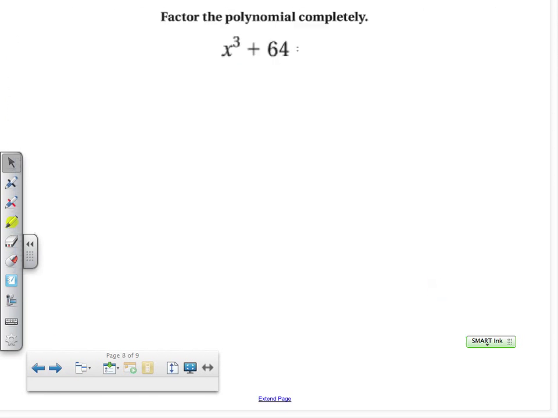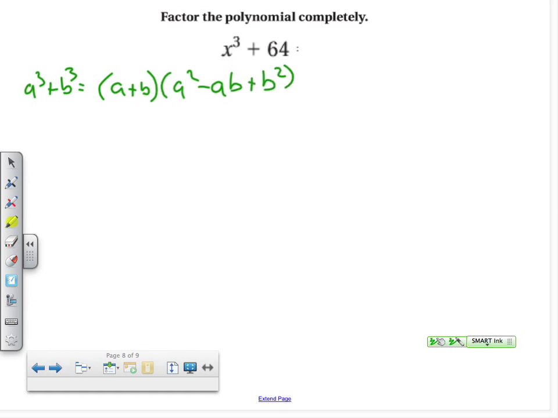So factor this completely. Which pattern does it follow? Well, that follows the sum of cubes. So the sum of cubes, if you go back and look at it, a cubed plus b cubed equals a plus b times a squared minus ab plus b squared. What's being cubed here?